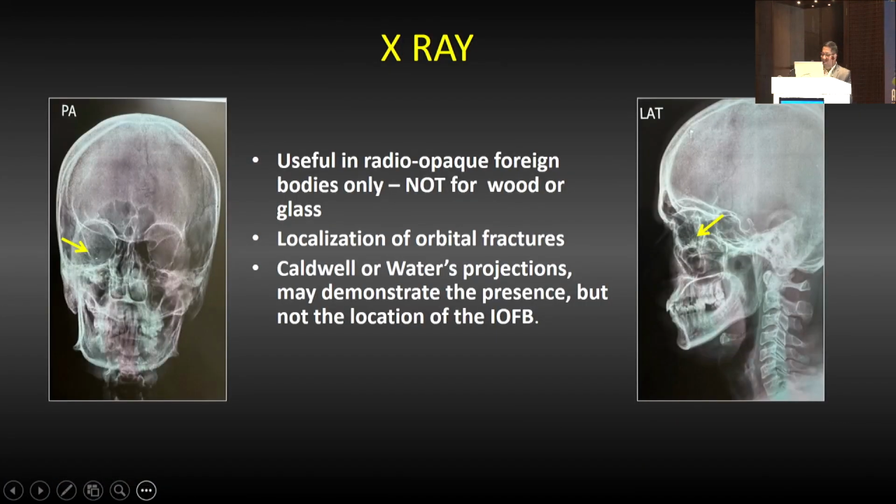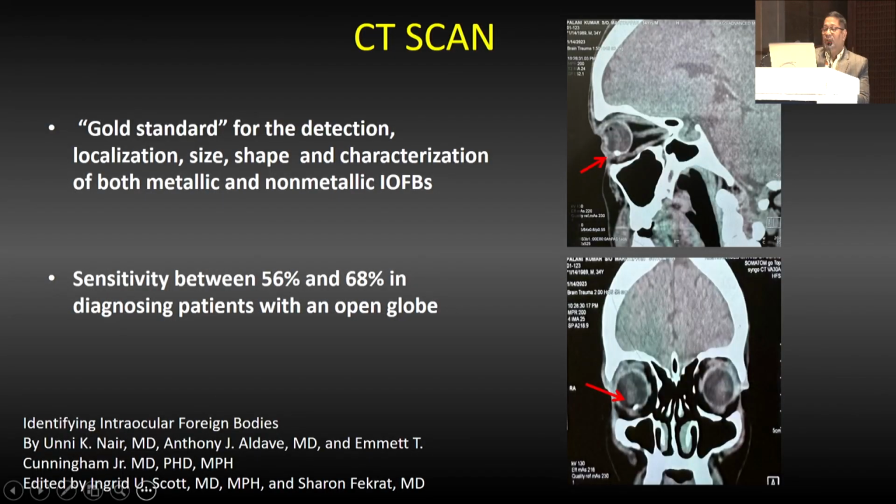X-ray is the basic test which has to be done in all medicolegal cases, and this will locate a radiopaque foreign body in the orbit and also give an idea about an orbital rim fracture.